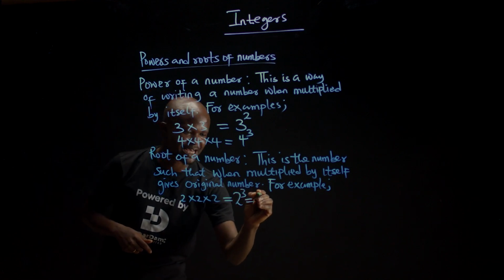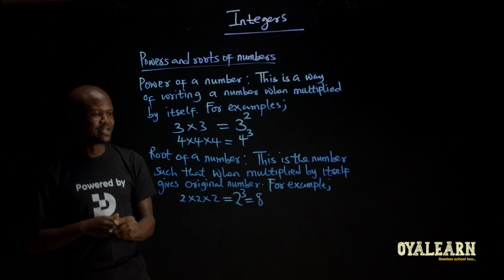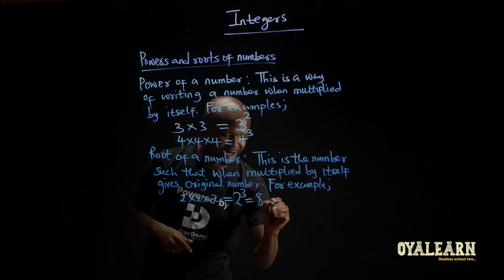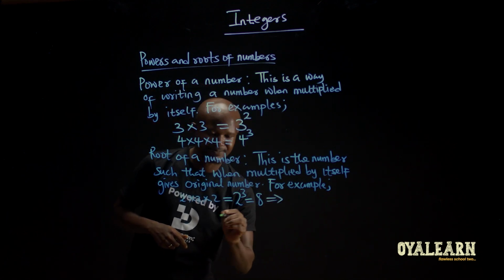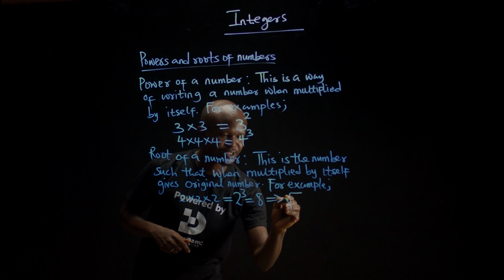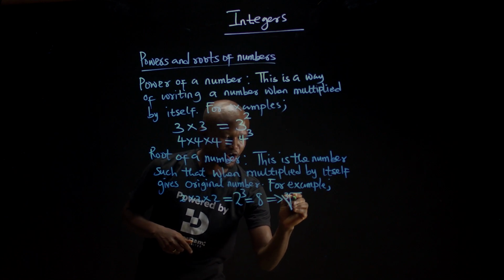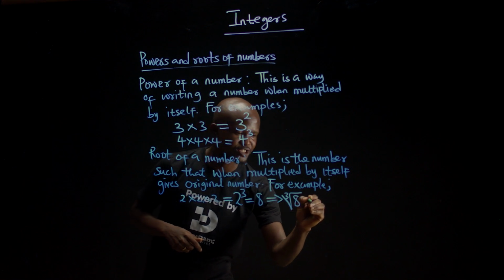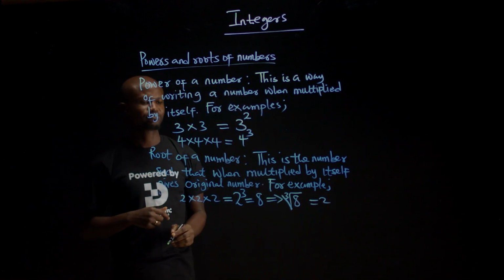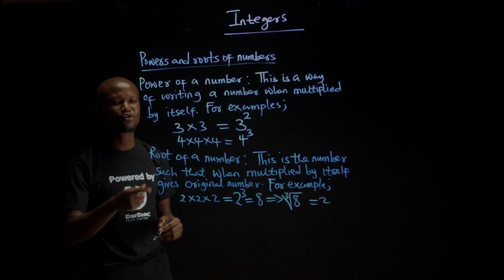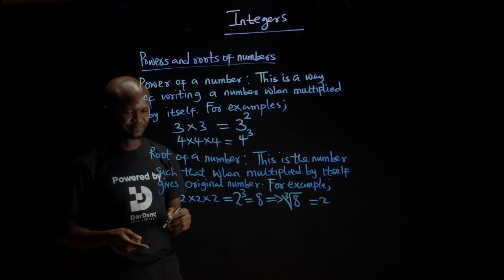And it's also the same thing as 8. From here, I can write the cube root of 8 will give us what? 2. So cube root is an example of root of a number.